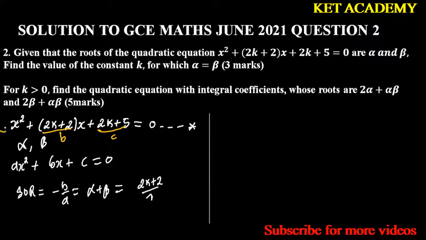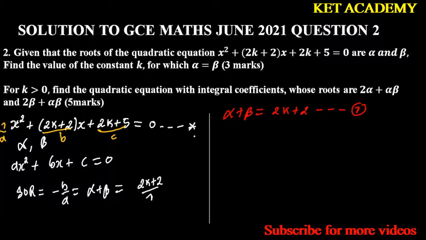And 1 obviously is our a. Now we just need to substitute our values. It means that we have our sum of roots. Therefore, our conclusion here is that the sum of roots, alpha plus beta, is 2k plus 2. That is our equation 1.